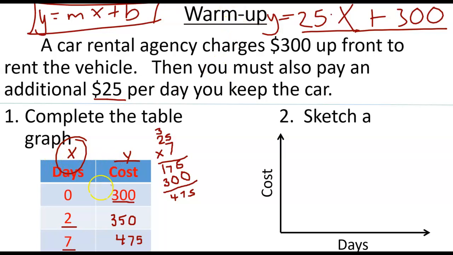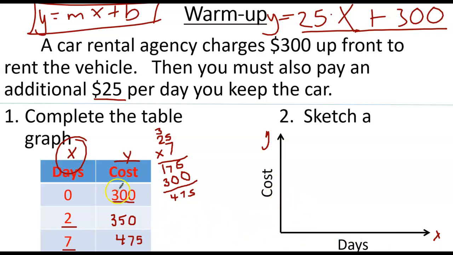Now that we've looked at this table and we know what a slope-intercept equation is, let's look at a graph really quick. As you know, when you graph something, the y variable goes here, the x variable goes here. So let's go ahead and plot this.